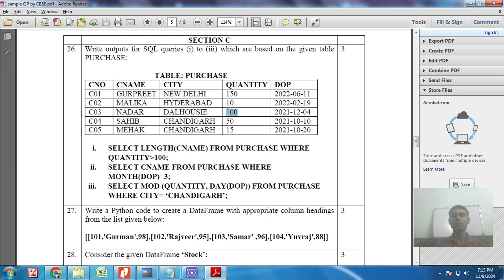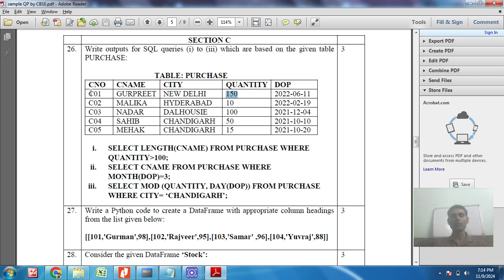The quantity greater than 100 is 150, which was purchased by Gurpreet, and we have to find the length of the name. 1 2 3 4 5 6 7 8, the length is 8.